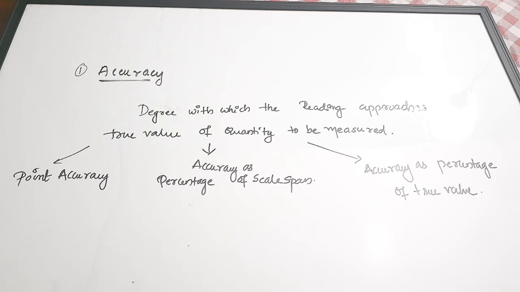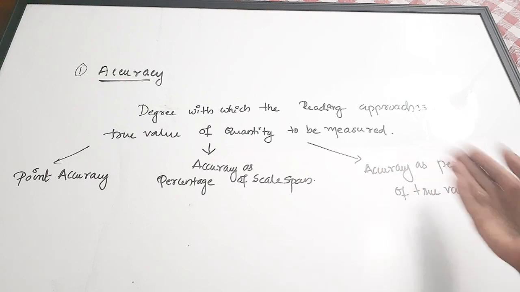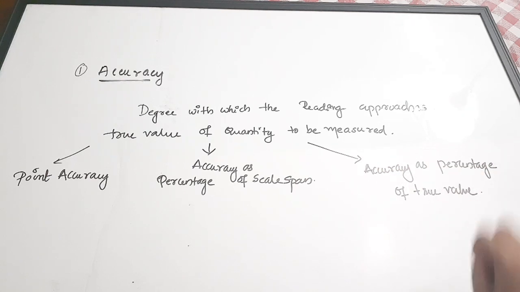And how we represent accuracy as a percentage of this true value is called the third category. So the three types of accuracy are point accuracy, accuracy as a percentage of scale span, and accuracy as a percentage of the true value of the quantity which we are measuring.